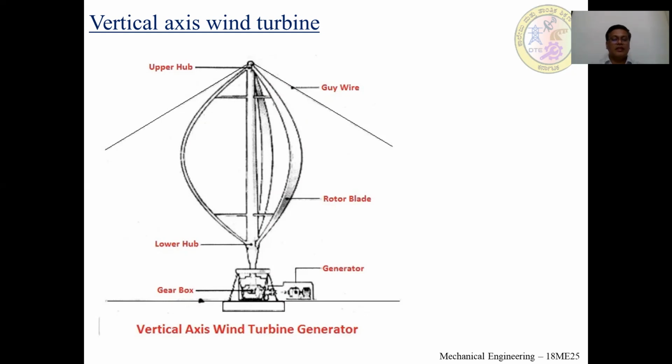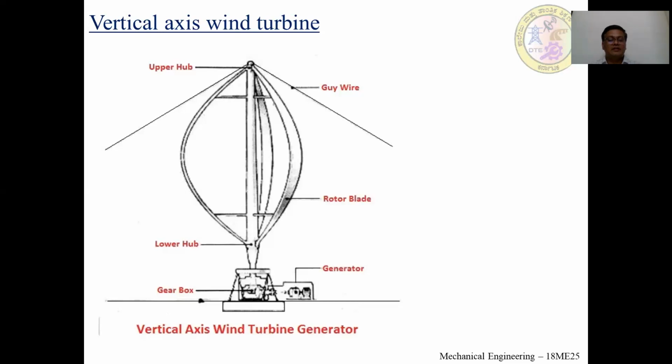The vertical axis wind turbine is connected to a gearbox, similar to the horizontal axis turbine, which includes gears. You can see here the gearbox is directly connected to the electric generator shaft. This turbine will revolve once the wind blows, and the gearbox in this system will enhance the rotation, I mean the speed, and internally send this rotation to the generator as mechanical input.